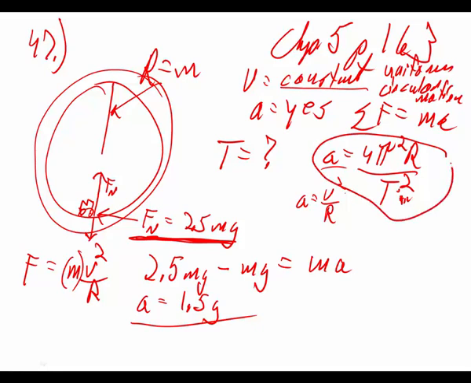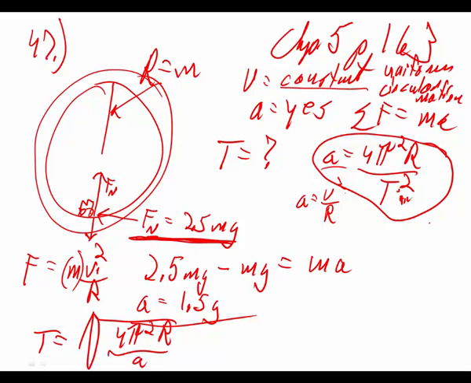See right there? See here, I don't know the velocity. So when we solve this equation for period, what does it become? It becomes the square root of 4 pi squared r over a, all under the radical.